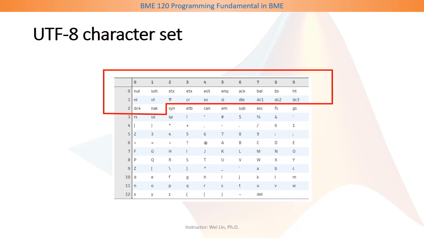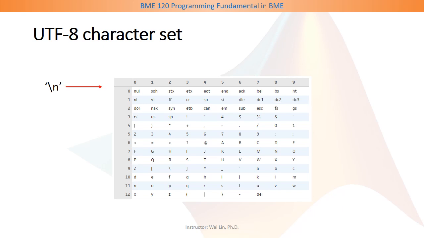One of these characters is called new line. What we will see in the string is a \n, which means that every time you see a \n, the next character will be displayed in the next line. So this is how it is represented in the string.